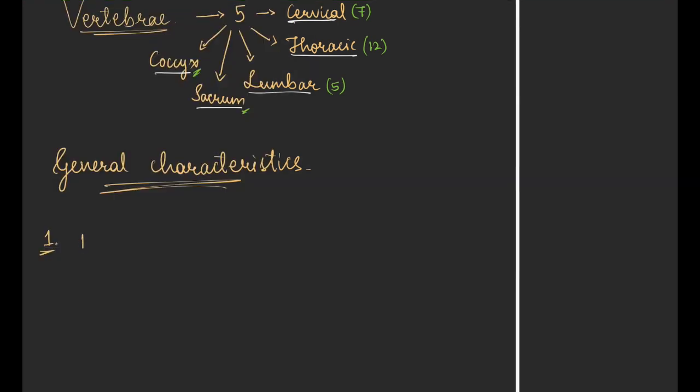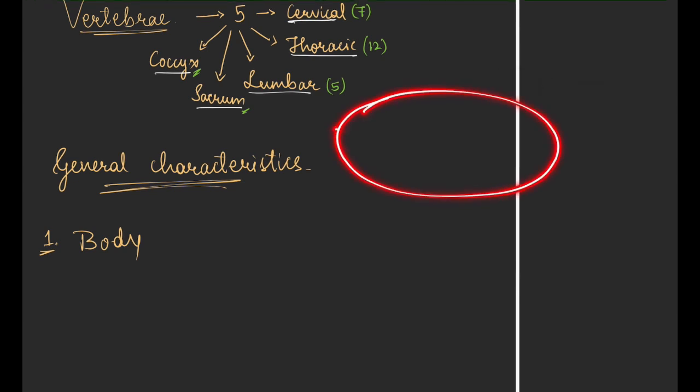So the first one will, of course, be the body, which is covered by a rim, and each has a rim surrounding it so that it fits the other body of vertebrae.